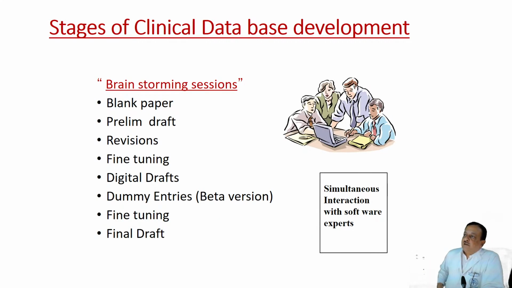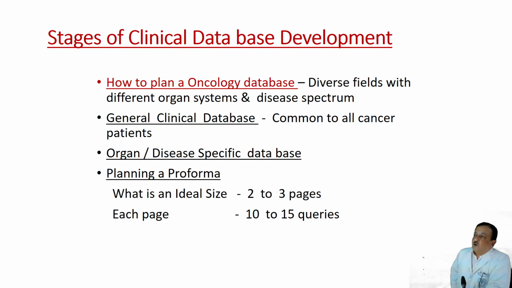So we started with blank papers, preliminary drafts, revisions, fine tuning, digital drafts, dummy entries. Then we reached the stage of final computerized entries. Oncology is a complex field. It deals with multiple organ systems and different cancers. It is not easy to create a single database which caters to all cancer patients.